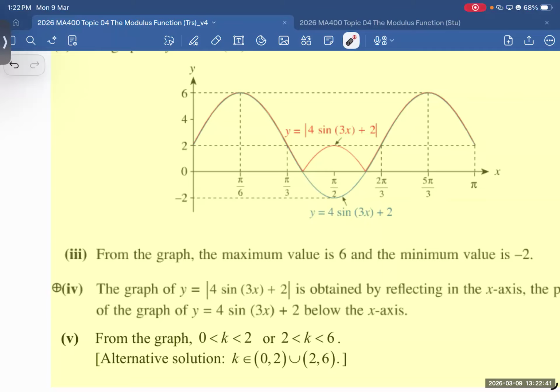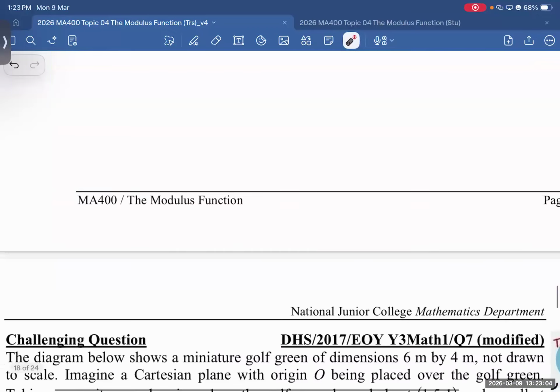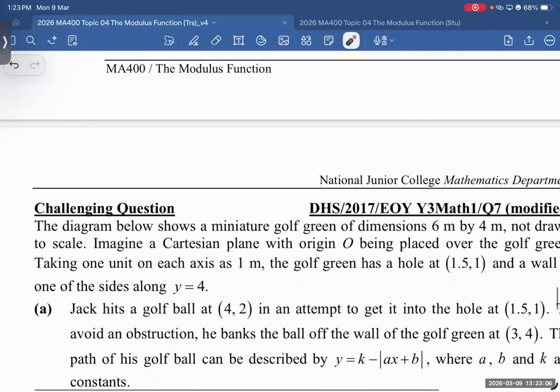Draw a graph out. After you found A, A can be positive or negative.